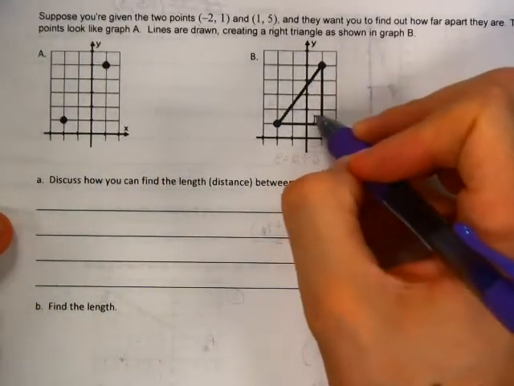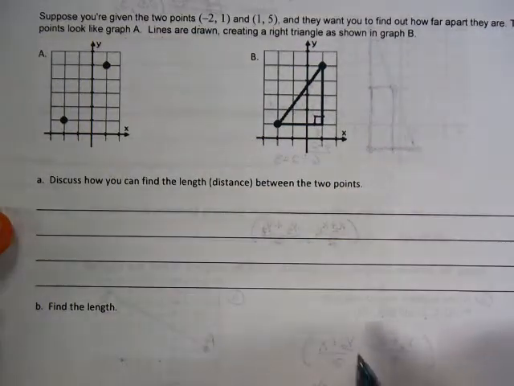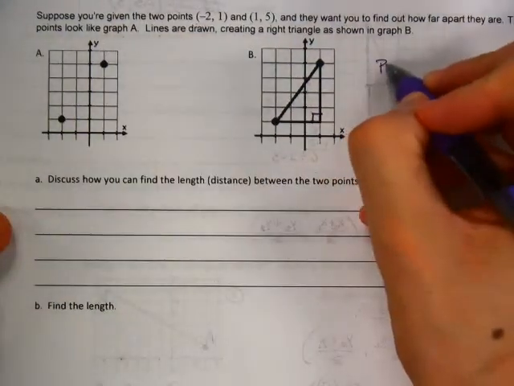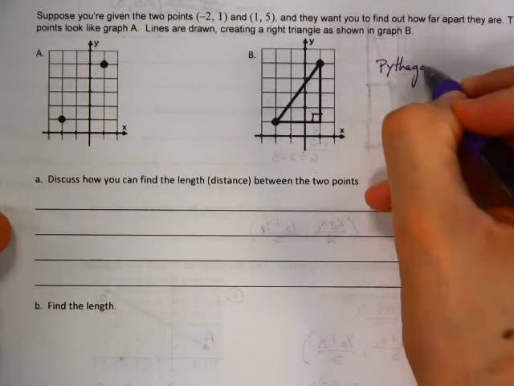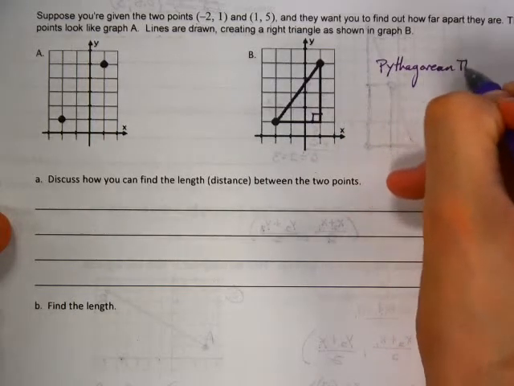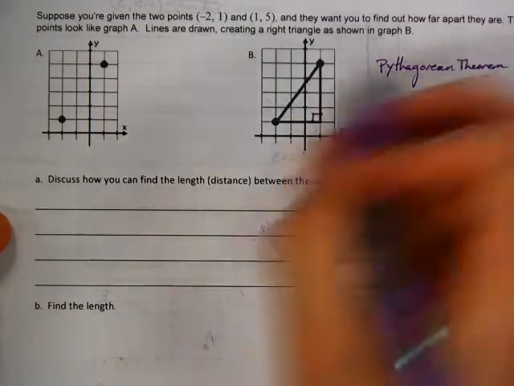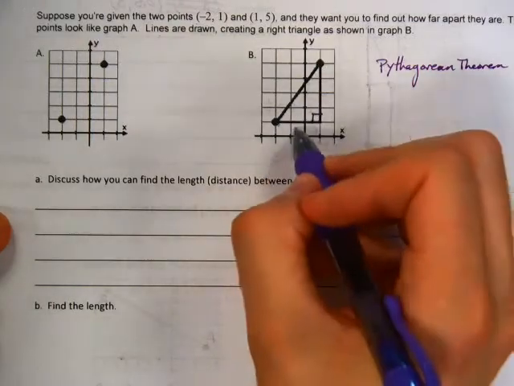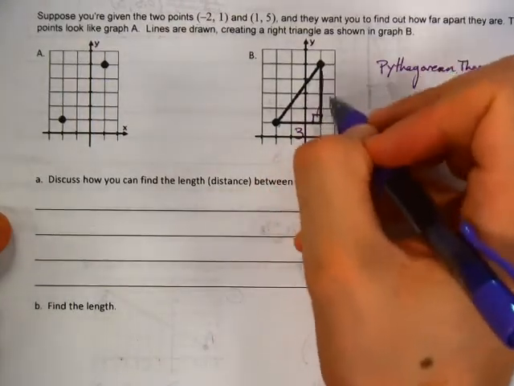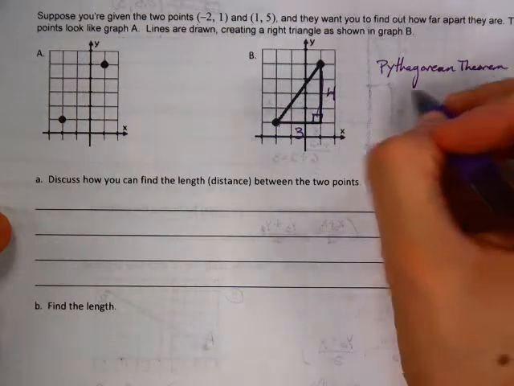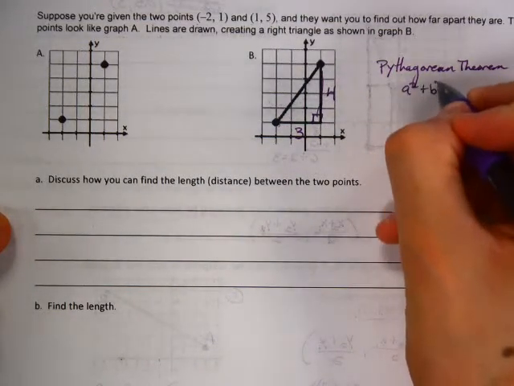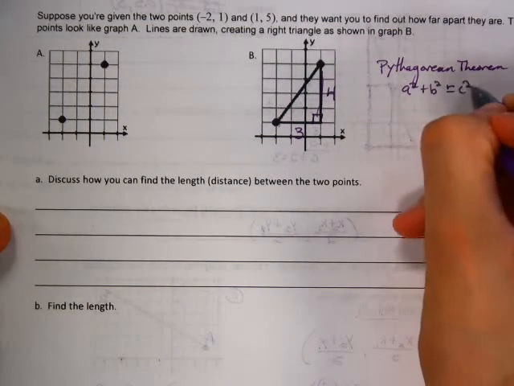So remember, you can use 2 methods to find this length. You can use the Pythagorean theorem, using how long one side of this triangle is, which is 3, and how long the other side is, which is 4, and plug it into your Pythagorean theorem, which is a squared plus b squared equals c squared.